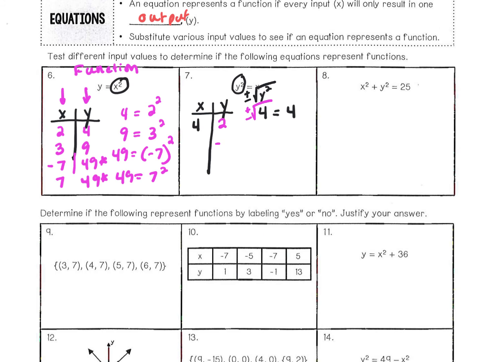And I'm also going to get a -2, which means that my input of 4 has 2 square roots, and it has 2 outputs. And if you recall, the domain in a function cannot be doubled twice. This 4 has 2 outputs, so this is not a function.